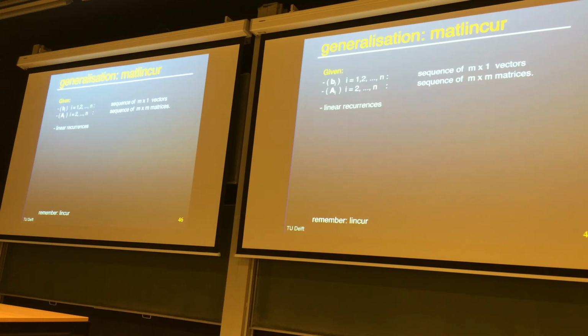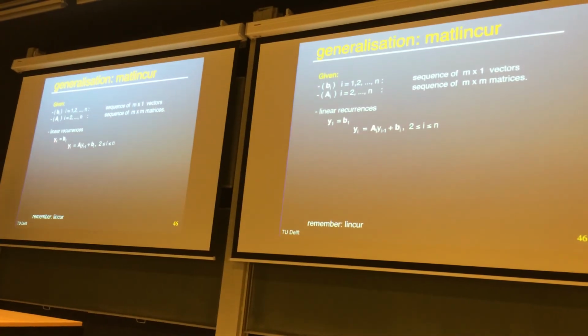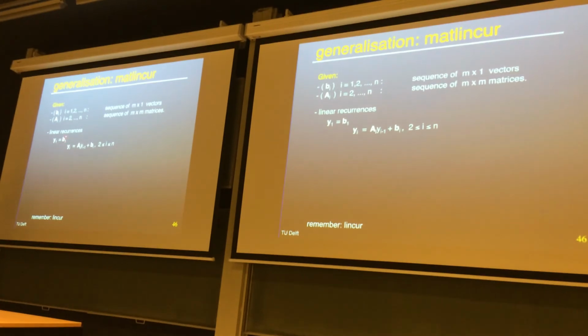You should be aware that this is an application, but you can easily come up with a generalization of this scheme where you don't have scalars but vectors and matrices. So you can have a linear recurrence, I1 equals B1, where this is a vector of coefficients, and yi equals AI times y I minus 1 plus bi for I between 2 and n, where this is a matrix and this is a vector.